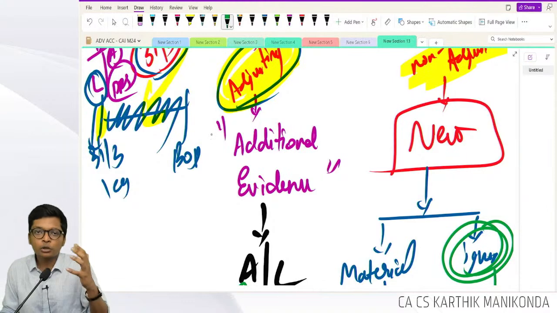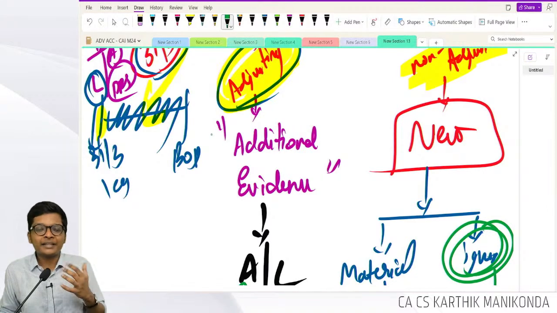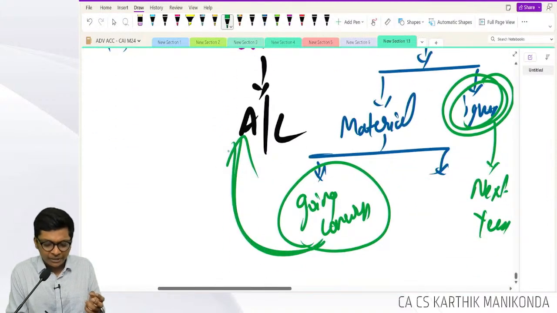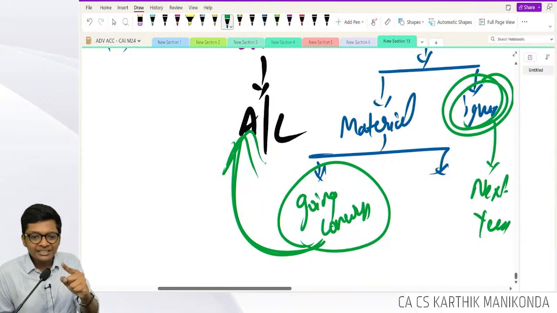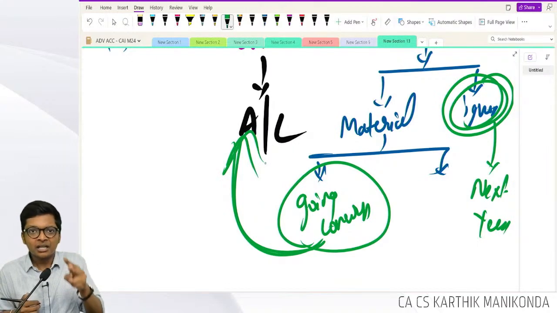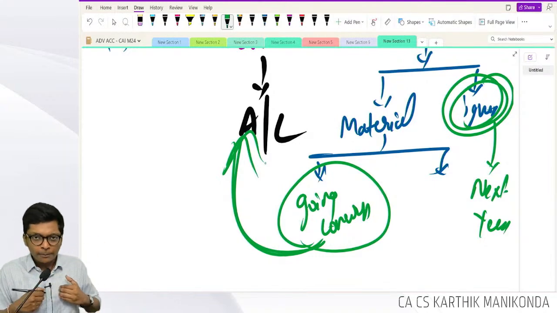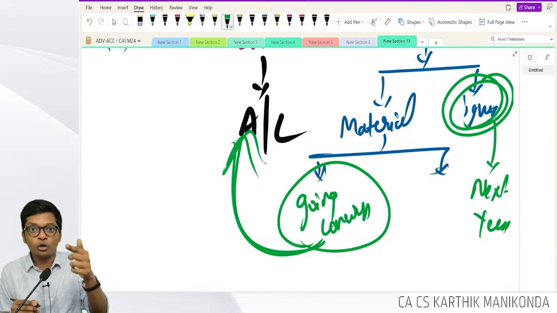They will tell you: earthquake came, 2 crores loss, factory destroyed. How can I disclose next year? The factory itself is not there. So a non-adjusting, material, going-concern-affecting event becomes an adjusting event. Now, non-adjusting event, material. Earthquake, 20 lakhs loss, but not affecting going concern. My business will continue. Material, but not affecting going concern.